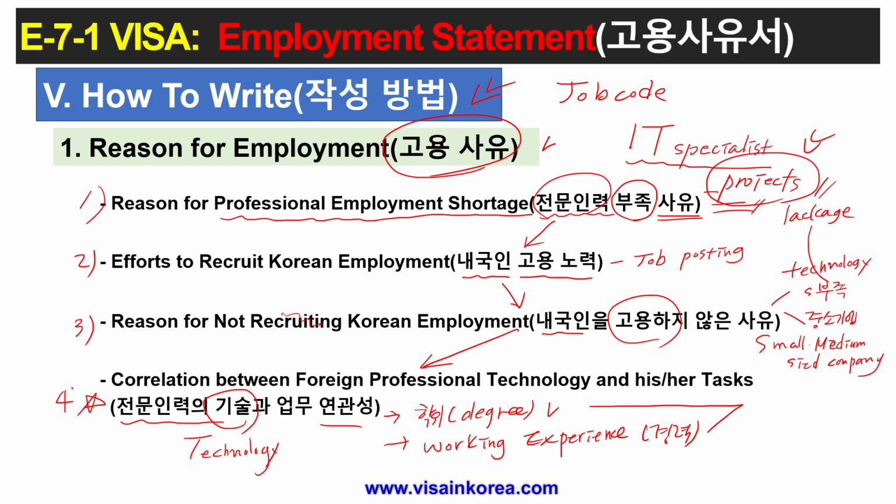So you must write down this order. It means it's reasonable. Why? Okay, the first one, we need a very professional IT specialist. We put a lot of effort into finding him, and we had a lot of advertisements and job postings to hire a very special person.